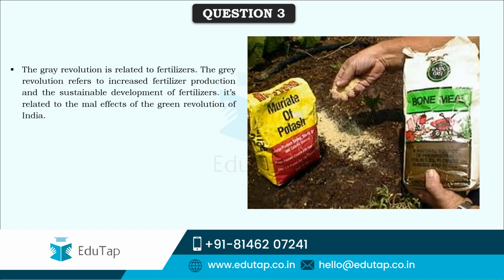And so friends, here the grey revolution refers to increased fertilizer production and also along with that sustainable development of fertilizers, and also to counter the effect of green revolution in India, where in some places unscrupulous use of fertilizers was seen, thereby degrading the soil condition. So to counter that effect, this grey revolution was introduced, wherein judicious use of fertilizers was advised to the farmers.